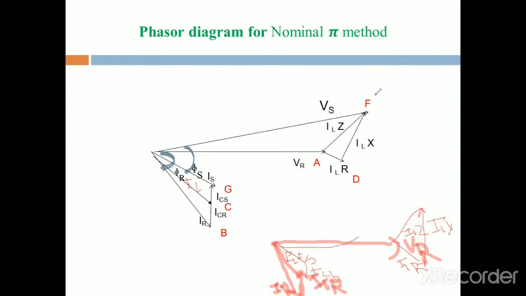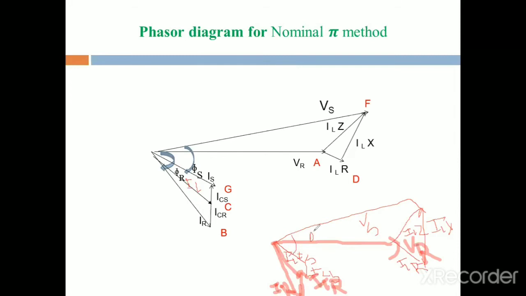By adding this drop to that line, it is called the VS. What is the angle between this VS and IS?